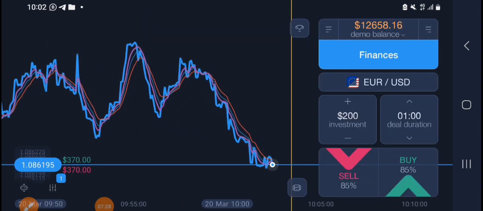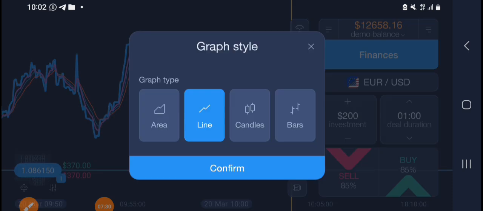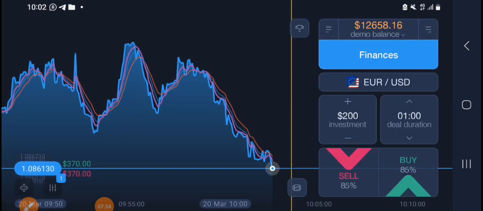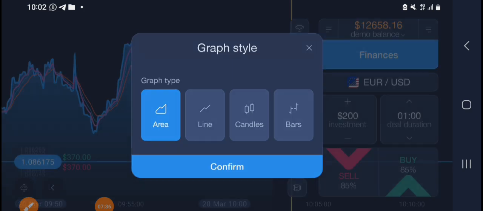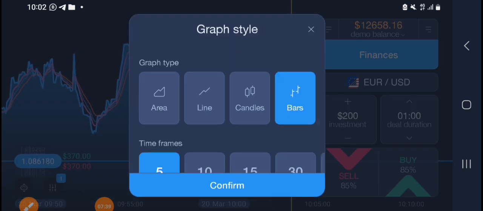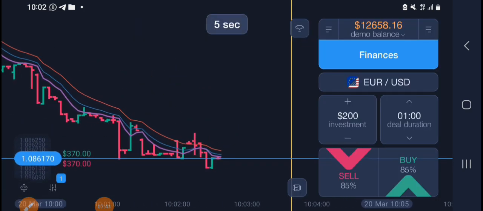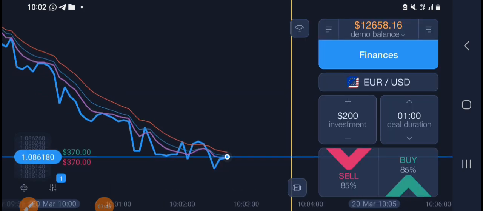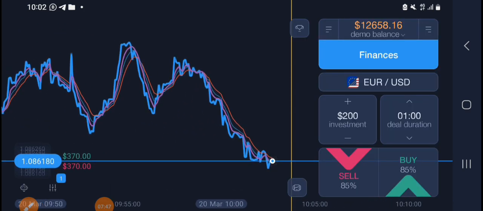This is how lines look like. You can choose areas. This is how area looks like. You can choose bars. This is how it looks like, but I'm using lines. This is the one I'm using right here.